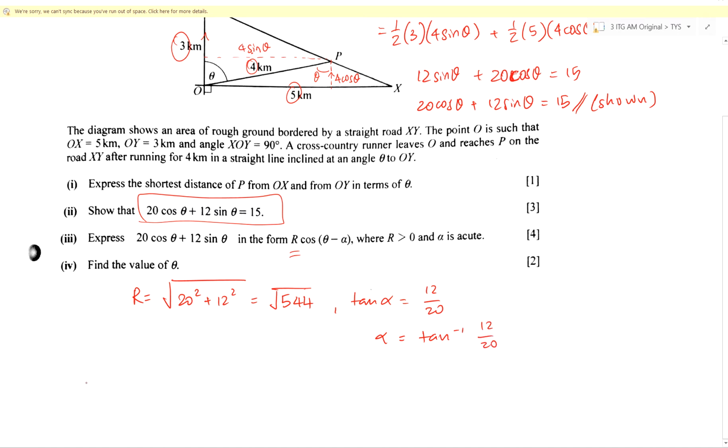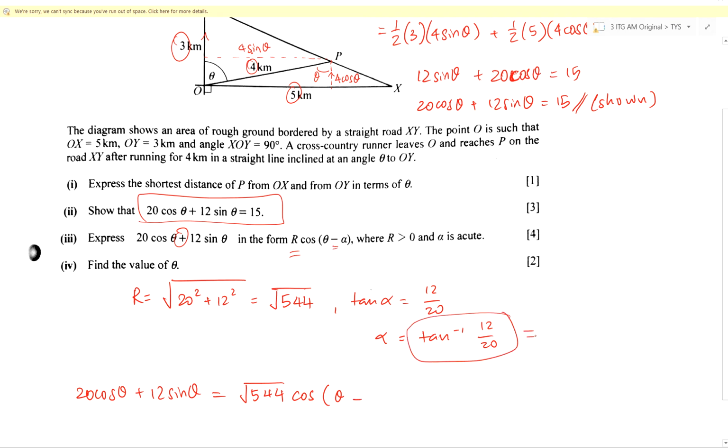So now we are ready to rewrite the equation. 20 cosine theta plus 12 sine theta. So this gives us root of 544 cosine theta, and since this is a plus, we expect a minus, minus this value.